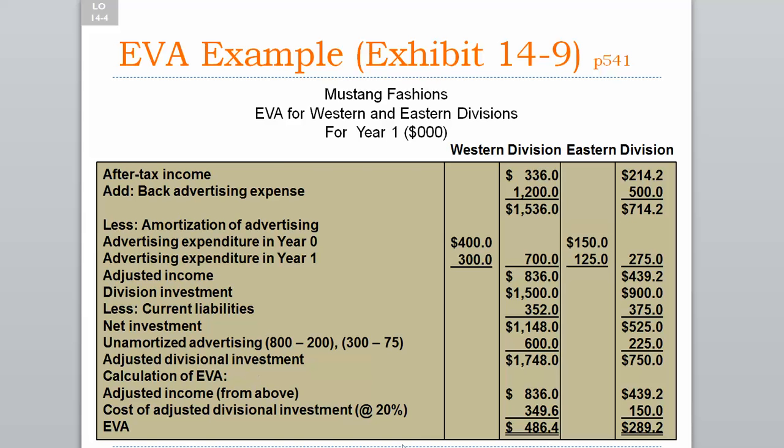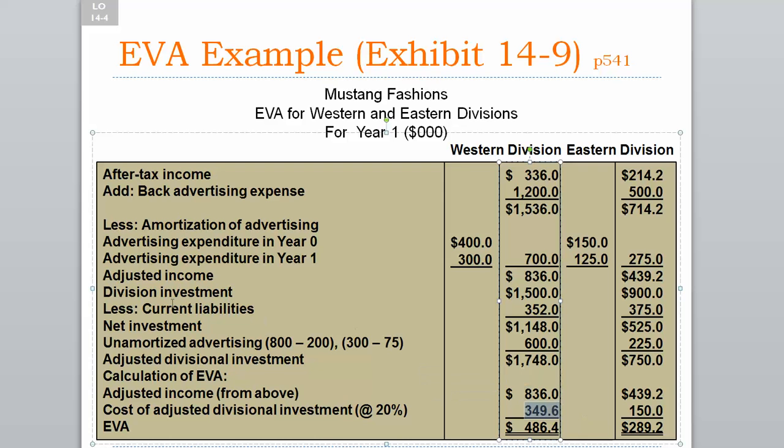If we require a 20% return on our adjusted divisional investment, the 1,748 times 20%, we're going to require a return of $349.